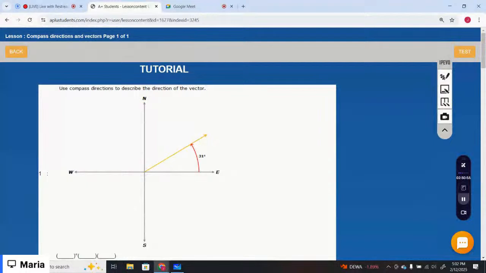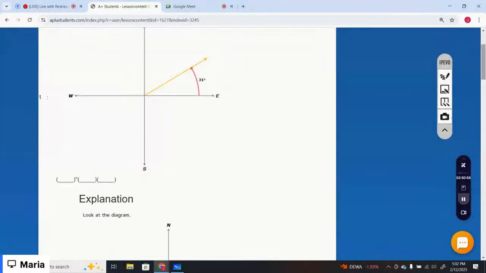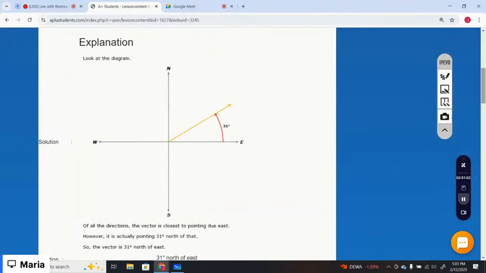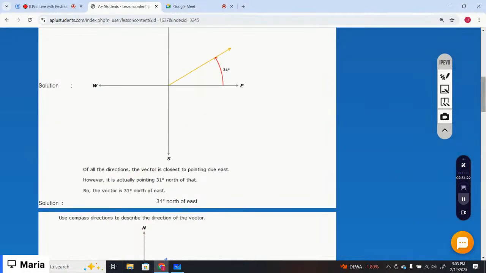Use compass direction to describe the direction of a vector. Of all the directions, the vector is closest to pointing due east. However, it is actually pointing 31 degrees north of that. So the vector is 31 degrees north of east.